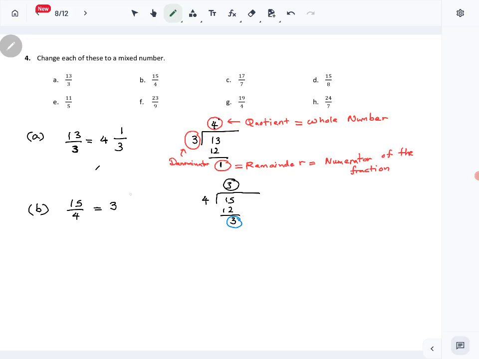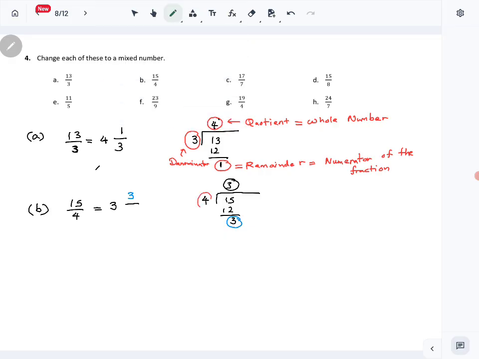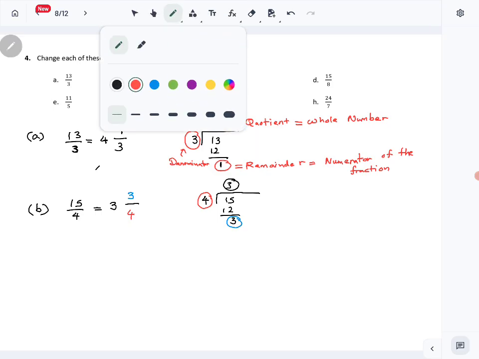The numerator is the remainder, which is 3, and the denominator is the same as the original. So the mixed number is 3 and 3/4. That gives you 15 over 4, right?